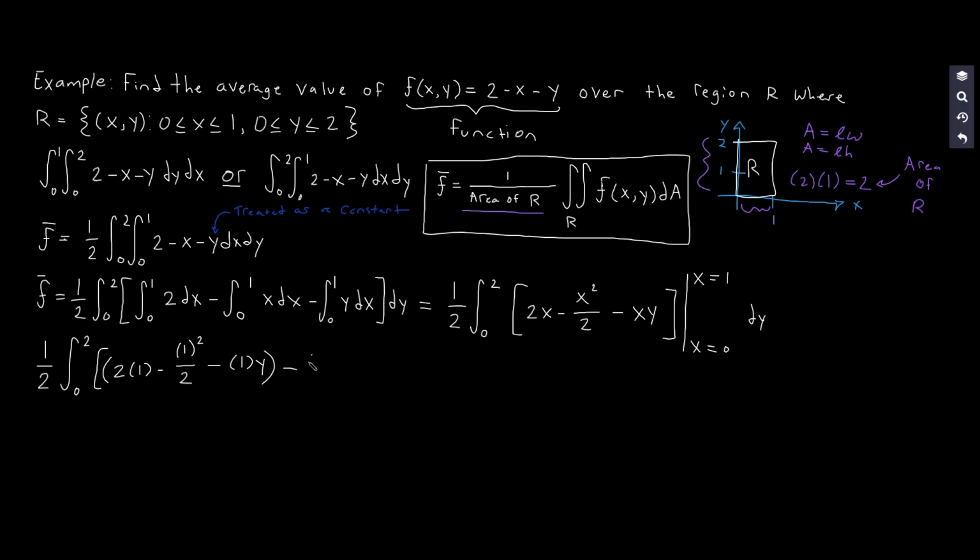And from this, we'll subtract our lower bound, the function evaluated at the lower bound, that is 2 times 0 minus 0 over 2 minus 0 times y. And this is all within an integrand. That is the integrand for 1/2 times the definite integral from 0 to 2 integration with respect to y.